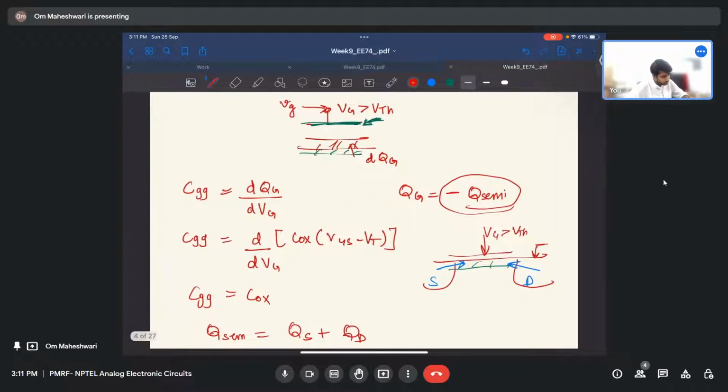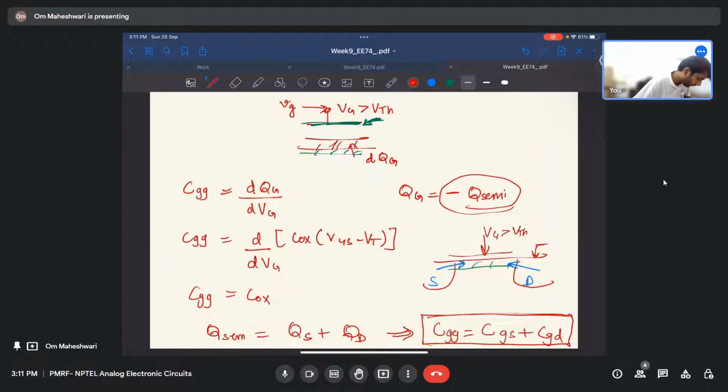This will imply that CGG equals CGS plus CGD. CGS is the gate to source capacitance and CGD is the gate to drain capacitance.